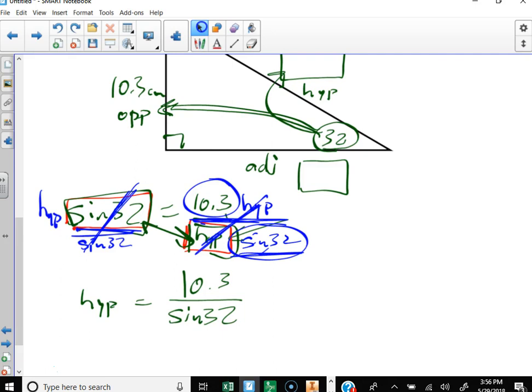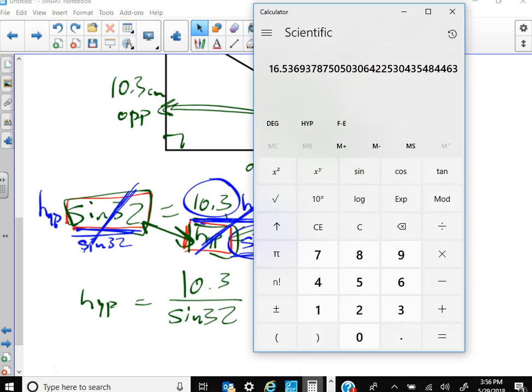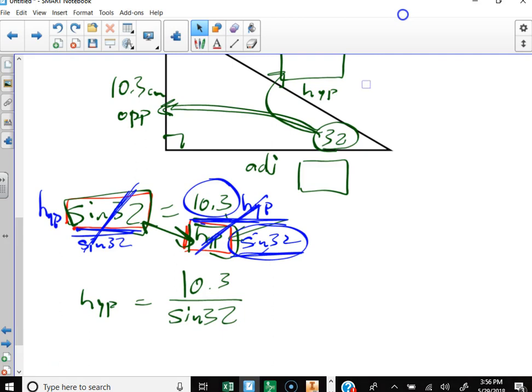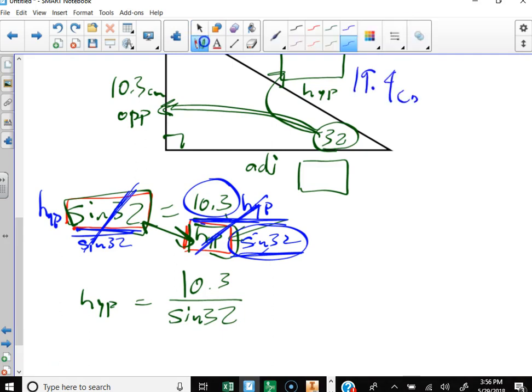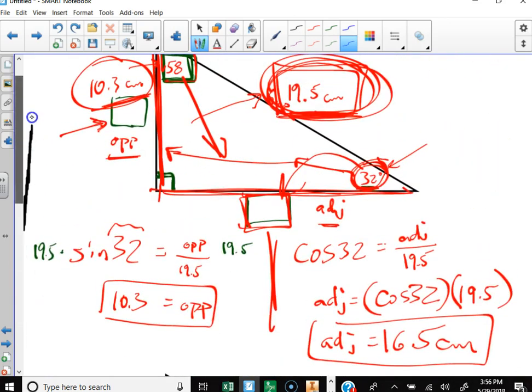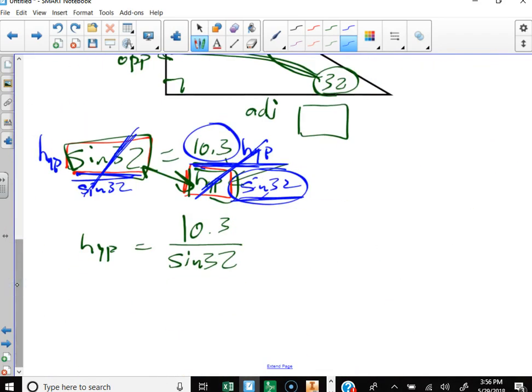So we got 10.3 divided by the sine of 32. Now we already know what the answer is going to be, right? 10.3, but it's good practice anyway. 10.3 divided by sine of 32 equals 19.4. Oops. Yeah, we're good. Rounding error being what it is, we're good.